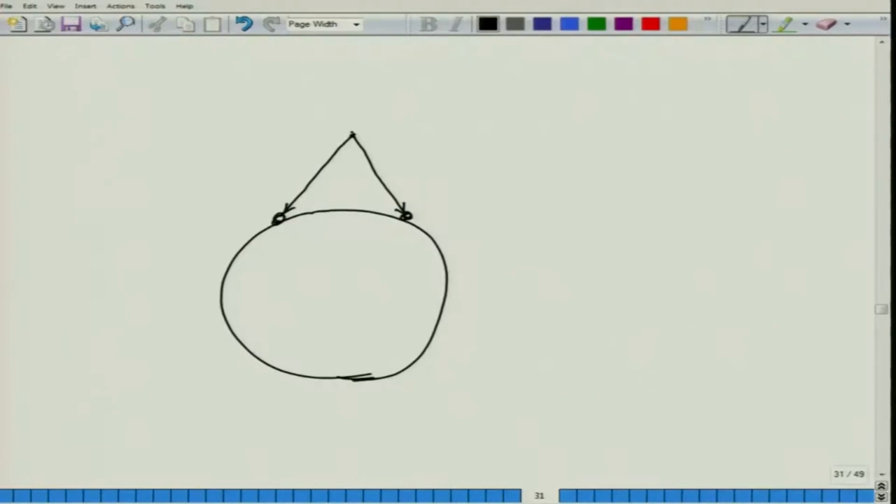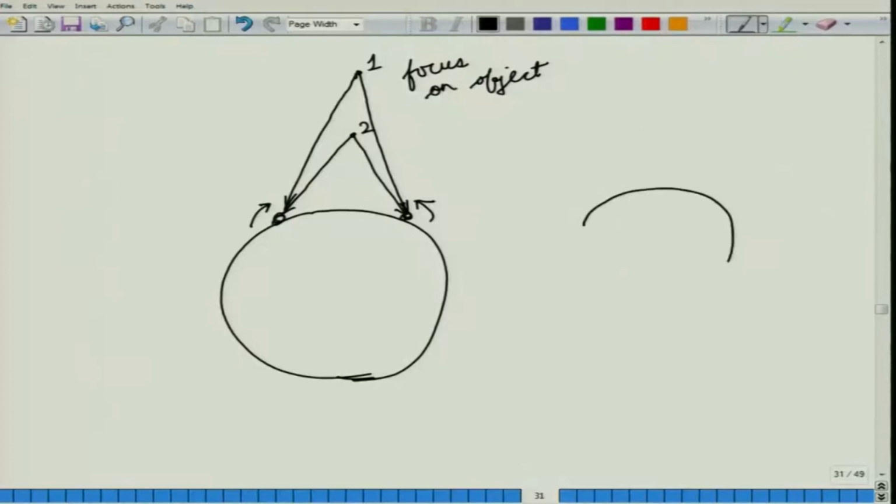Now, if this object were at a greater depth, then the angle subtended by the rays of light coming from the object would be different. So, the angle subtended at position 1 is different from the angle subtended at position 2. The observer might also move his eyes to focus on the object. So, the angles are different, and the eyes have to be moved to focus on the object.